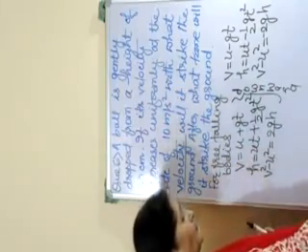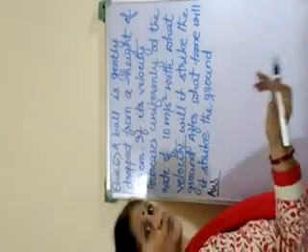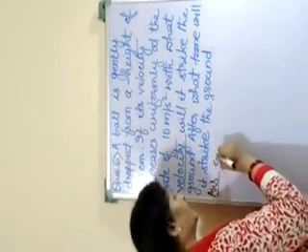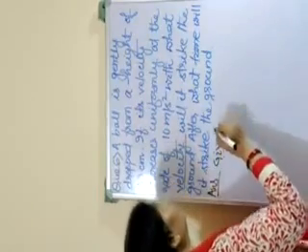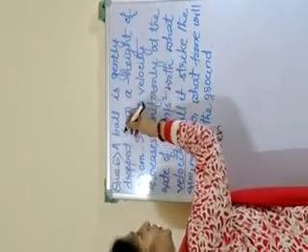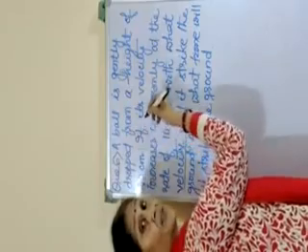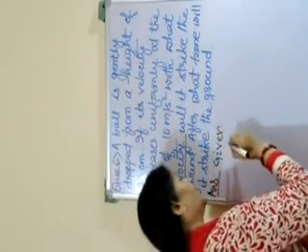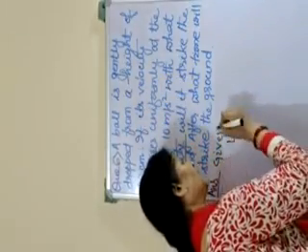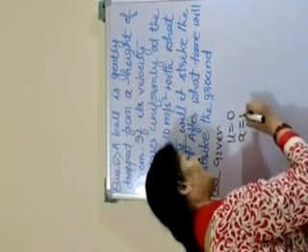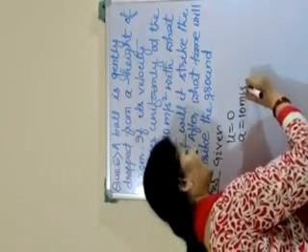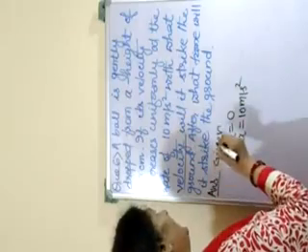Now let us see what is given. Given: ball is dropped gently, means the initial velocity is 0, u is equal to 0. Acceleration given is 10 meter per second square, and final velocity you have to find out.